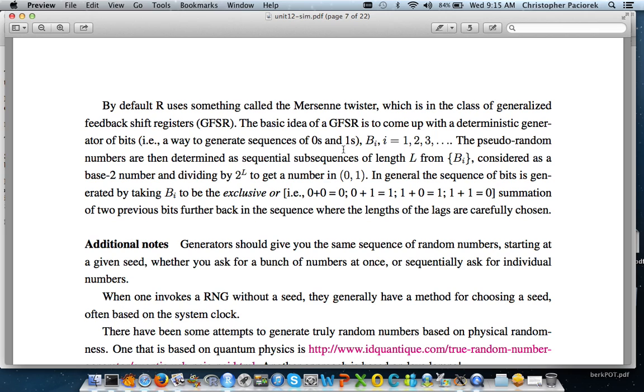So somehow there's some recipe, I don't know the details of it, whereby when you give R a seed that's a single value and the Mersenne twister is set as the default random number generator, it takes that single number, converts it into these 624 numbers, and that's what's determining the seed.